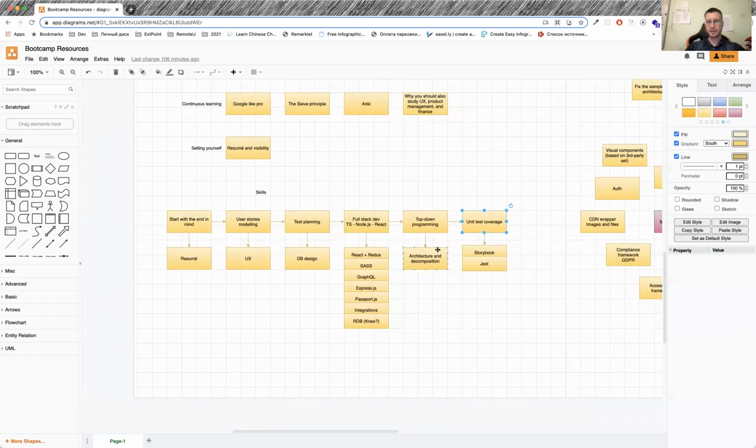And then when you understand the architecture, when you understand how you plan what you do, it's time, based on that knowledge, to talk about unit tests.